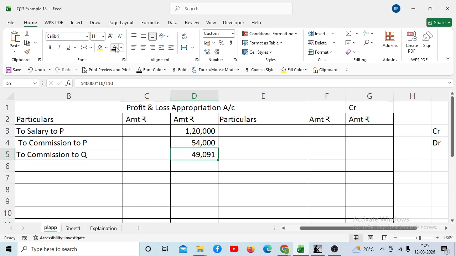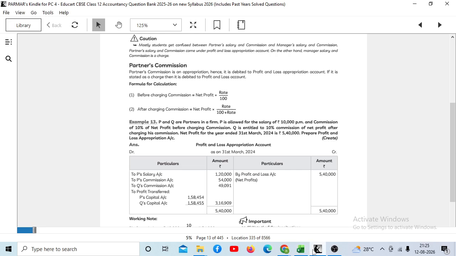It is coming as 90 point something, in decimal, so it will be rounded off to 91. Any doubt? Okay. Now let us proceed further.